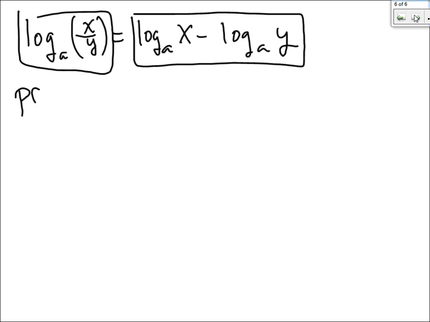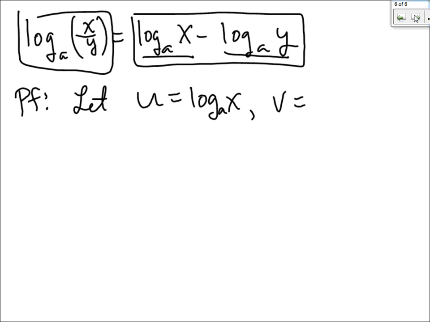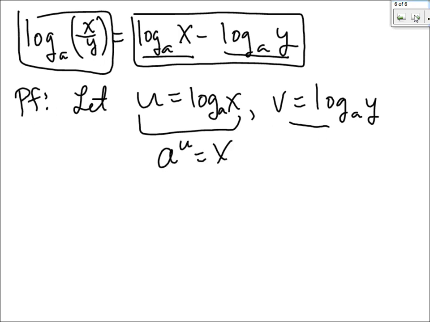Okay, and the proof is the same way. Let u equal log base a of x and let v equal log base a of y. So this tells me that a to the u is x, and this tells me a to the v is y, and I want to talk about x over y.